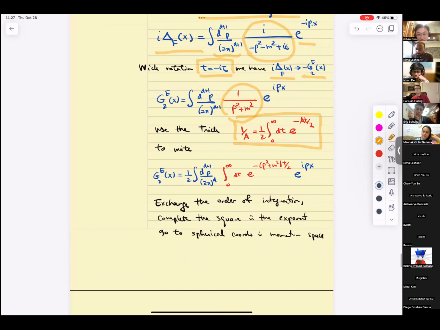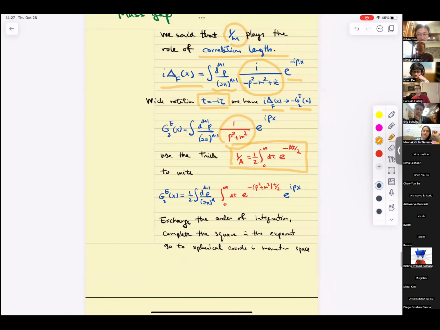So using this, I take this expression and write it as integral dt from 0 to infinity of e to minus (p squared plus m squared) t over 2. Inside, the rest is the rest. I just copied it. There's some algebra to do, but you first change the order of these two integrals.